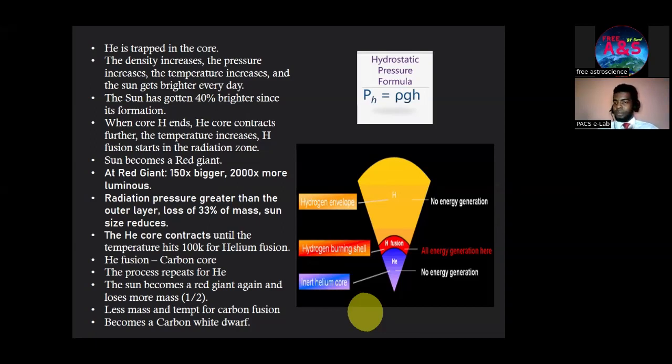Helium fusion is about 100 million Kelvin, but carbon fusion is way higher than that. So after that, because it has no mass to fuse carbon, it is going to settle as a carbon white dwarf. So it becomes a carbon white dwarf.